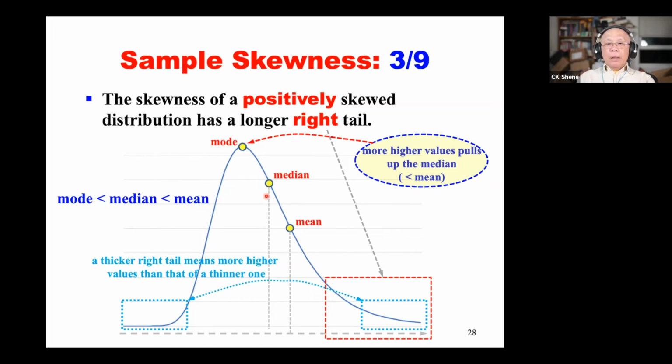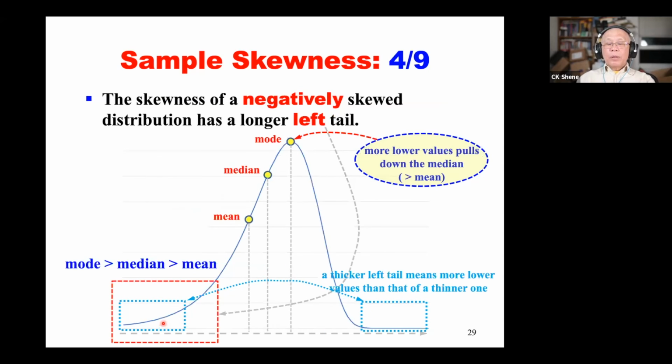And the right side is longer and thicker than the left side. So positively skewed has more values to the left, and the values on the right tail are thicker, and on the left side thinner.